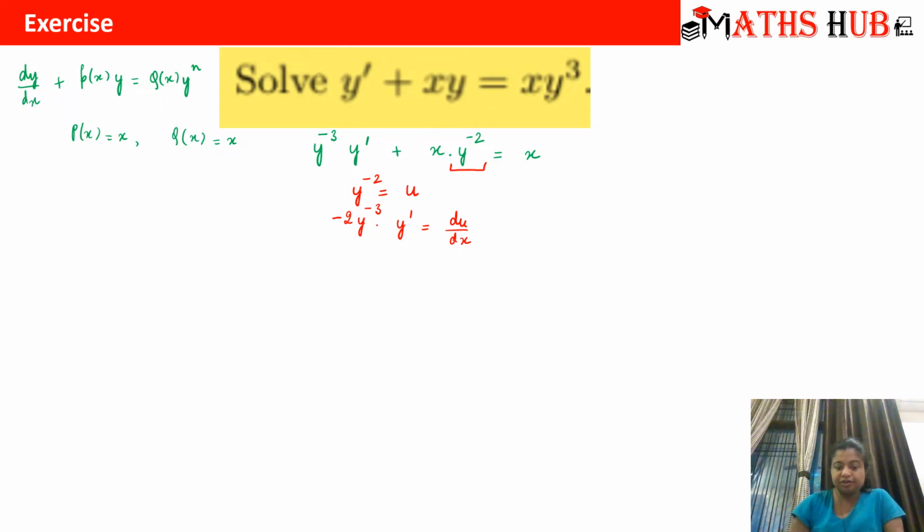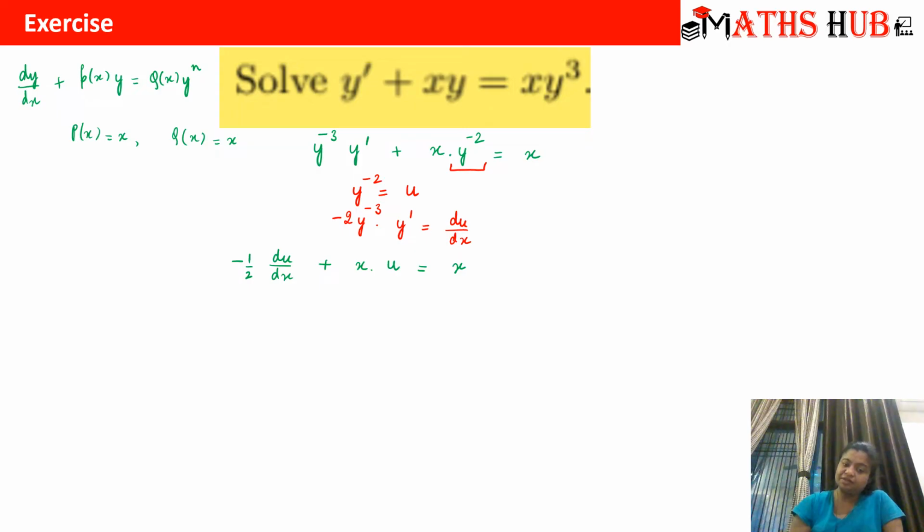Let's substitute it back in the given equation. y^(-3) y' becomes -1/2 du/dx, so we have -1/2 du/dx + x u = x.